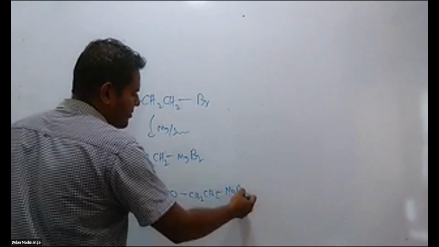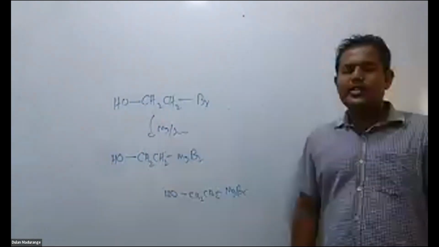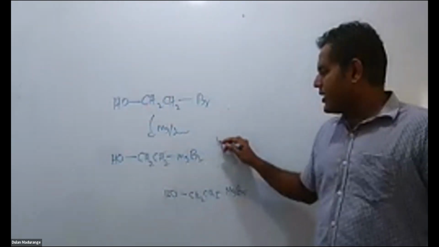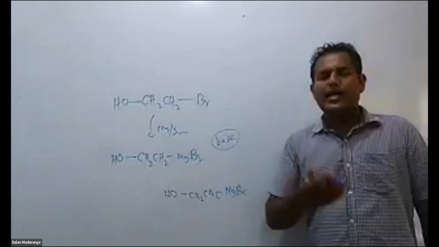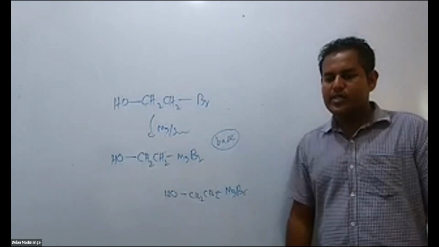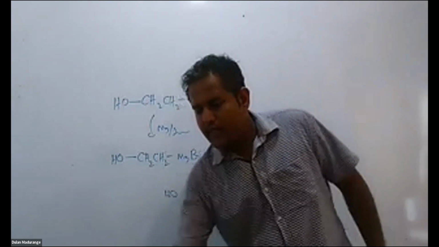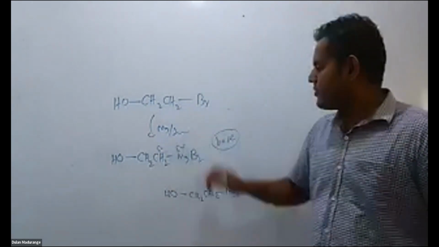The reason for the destabilization is that Grignard can act as a base. When a Grignard reagent can get one of the acidic hydrogens from an acidic species, it will automatically react with that acidic species. Now here this is delta minus and this is delta plus.